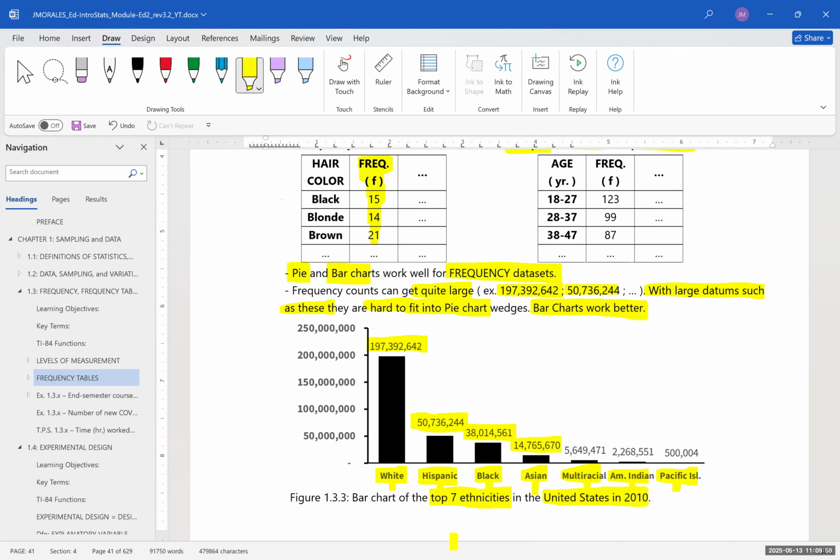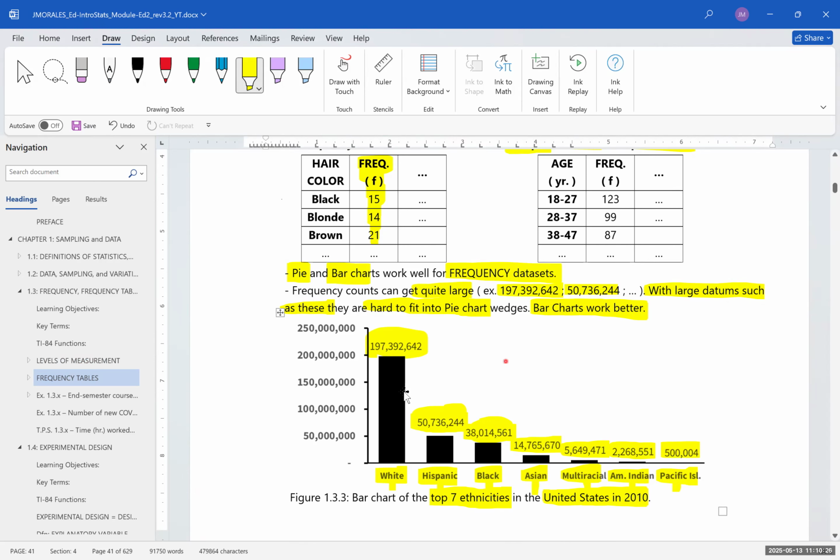Asian, it's 14,765,670. Multiracial, 5,649,471. American Indian, 2,268,551. And Pacific Islander, 500,004. So you can see with a bar chart, you have plenty of space to put these really large numbers in it, and it works.